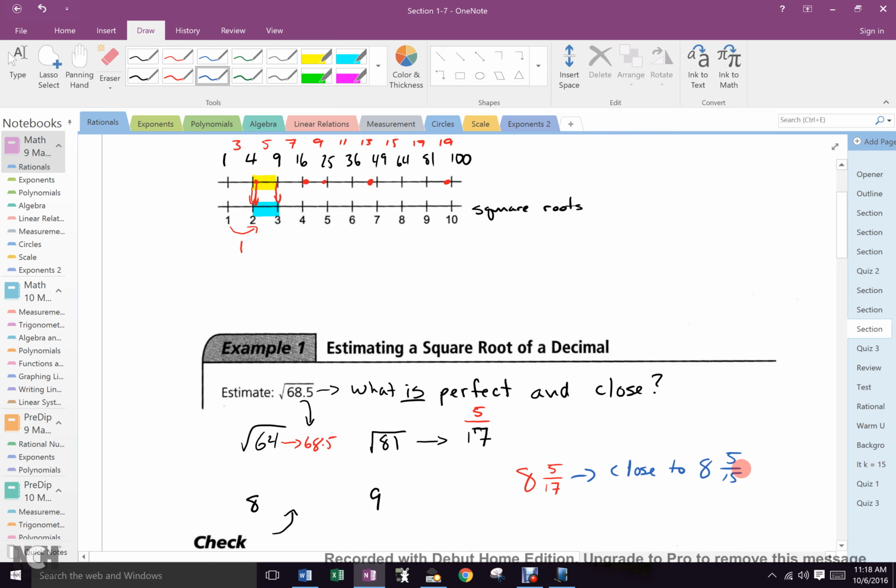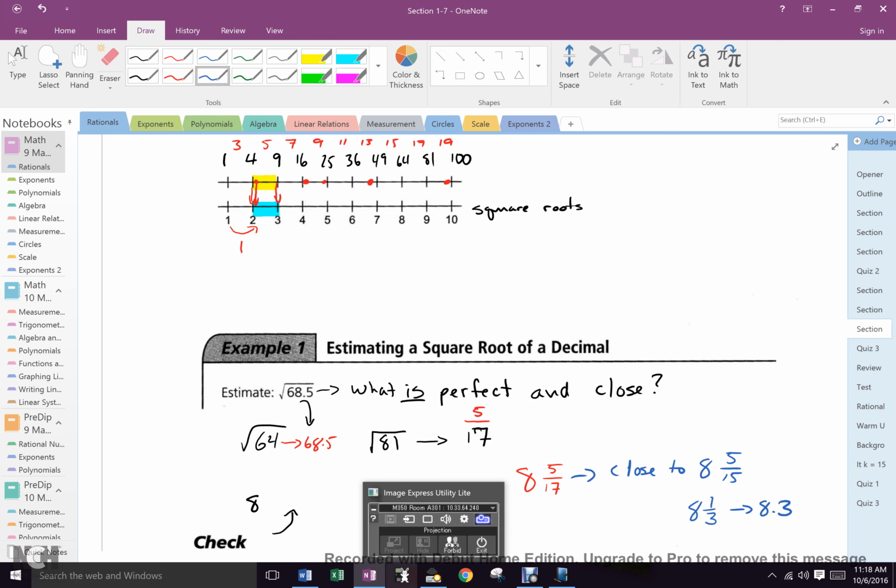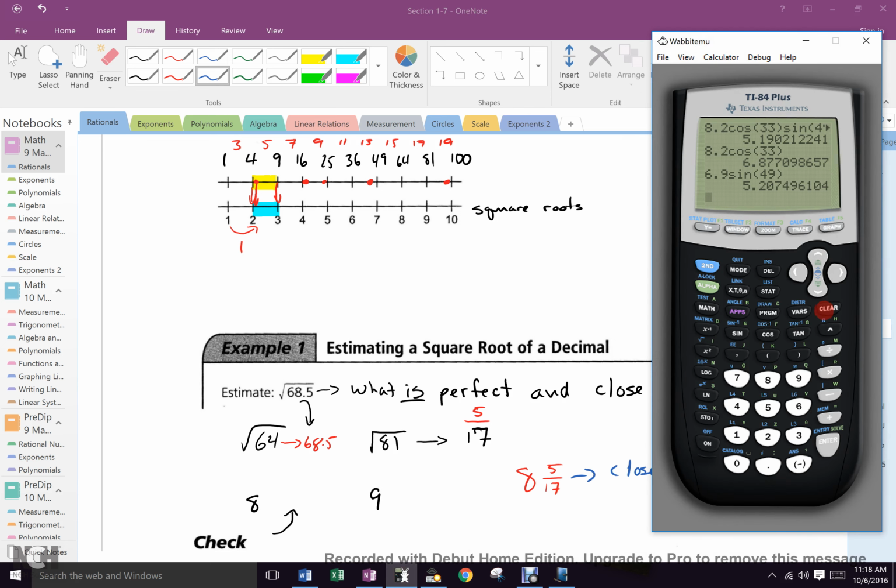And we know that 5 over 15 is 1/3, so that's 8 and 1/3, which is 8.3. Now, watch. Another one. I'm recording this. Watch. Square root of 68.5.